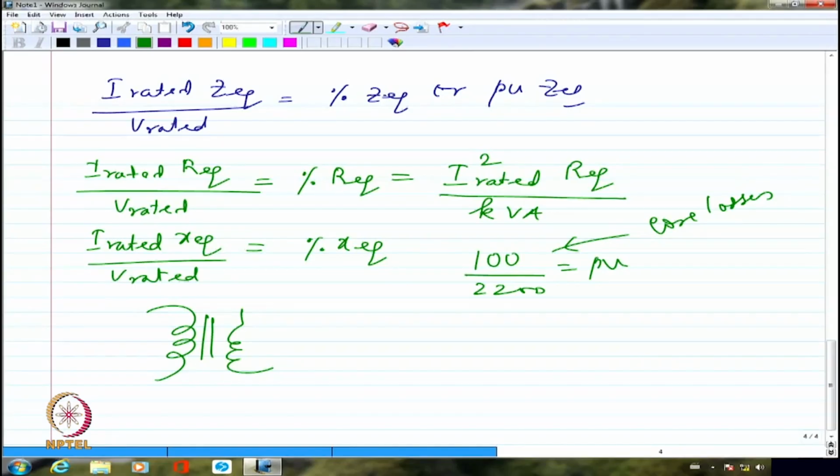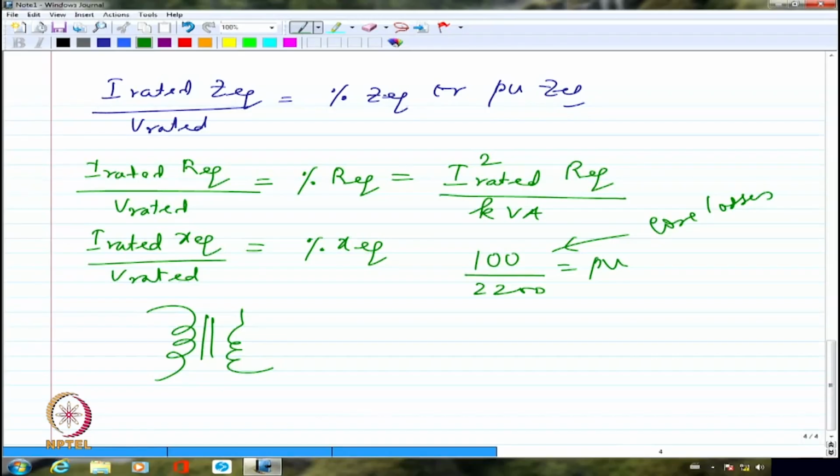Because you are looking at R equivalent plus j X equivalent multiplied by I, whatever is the I value, and you are not really considering the power factor angle there. So we are assuming the power factor angle to be 0, but we are not neglecting the vertical component we talked about.